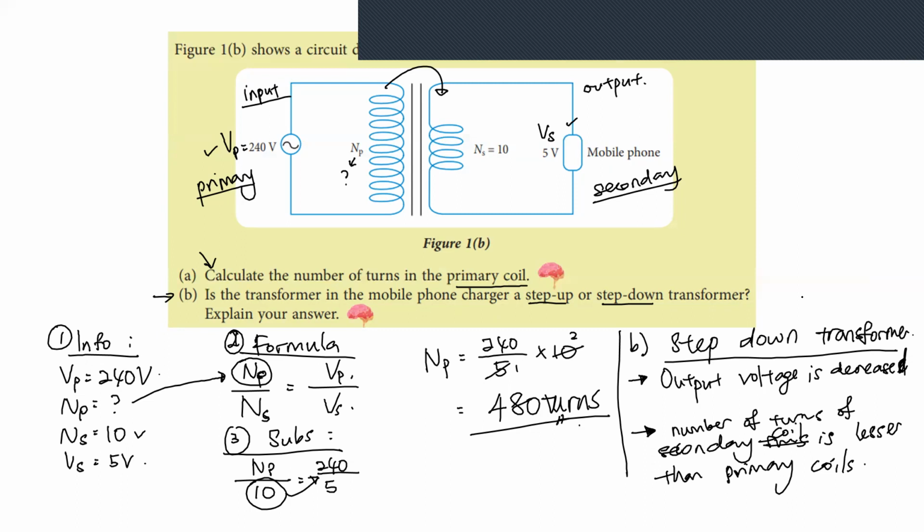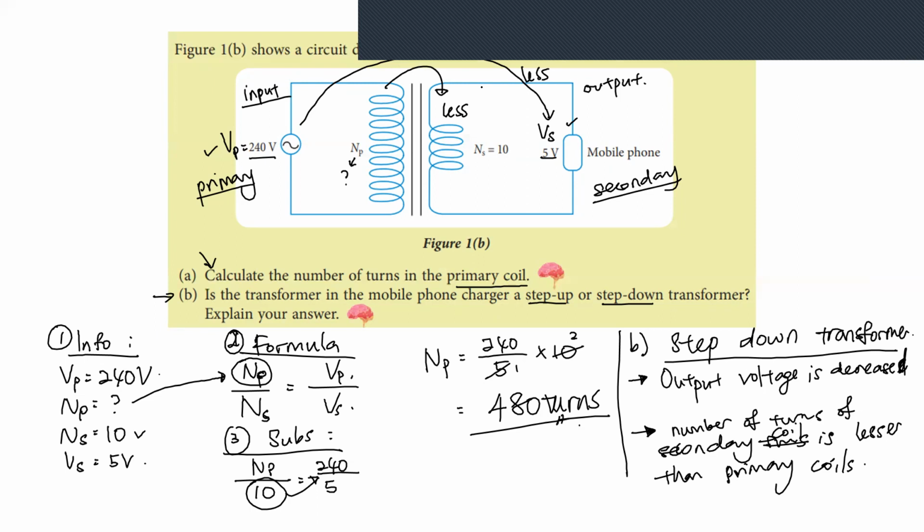So this is how we explain step up or step down. You can see the number of turns for the secondary is lesser, or you can see the voltage 240 to 5 is also lesser, so step down, right?